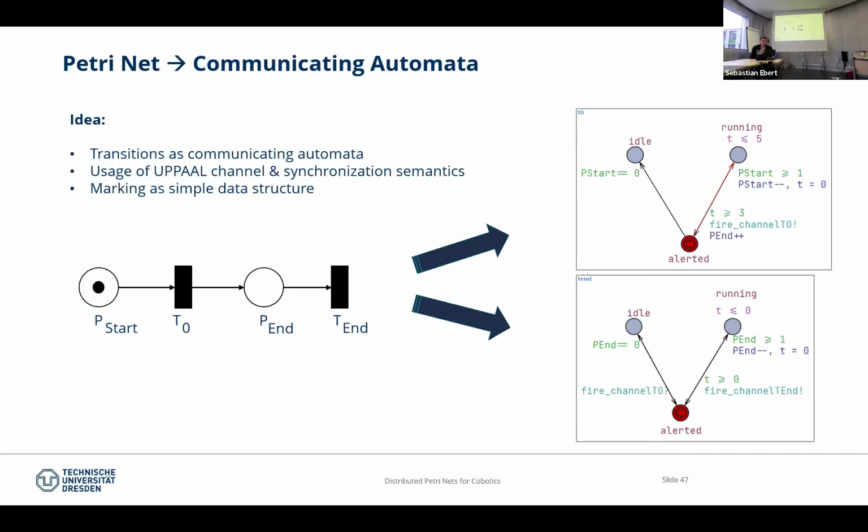So for example, if T1 fires on the left side, we can see in the top automaton on the right side that we fire, marked in blue, channel T2, which means we notify every other automaton listening on it. And the bottom automaton is listening to it, which is a T-end transition. So on the left side of this automaton, it takes it and then increases its marking in the running state. So that's how you do it basically, and how you break down the nodes.